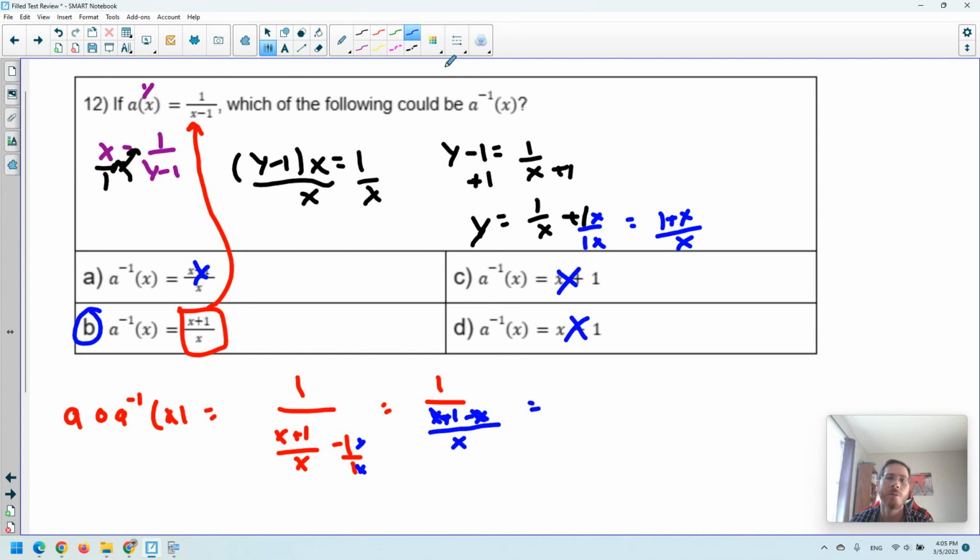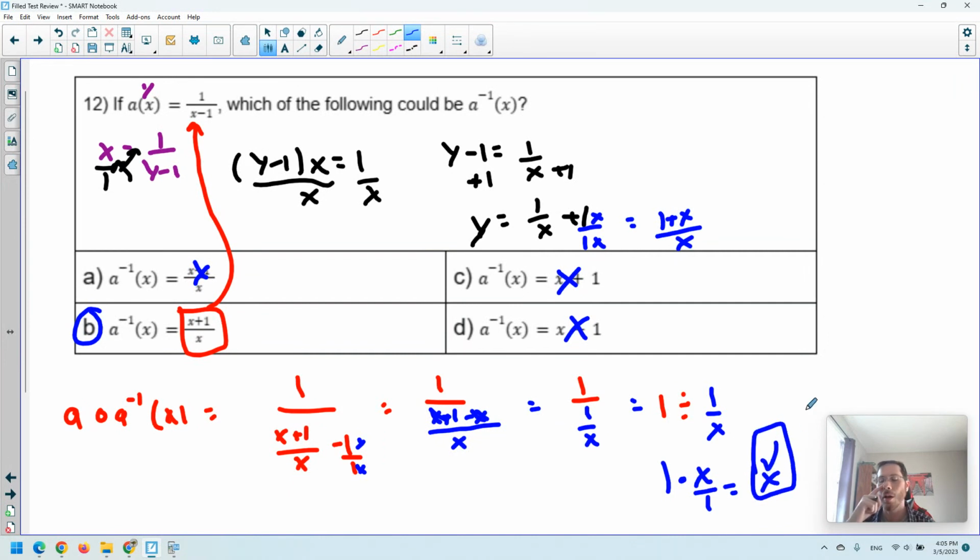So I've got 1 over x. And to make this look a little bit nicer, I'm going to rewrite this as 1 divided by 1 over x, which is the same as 1 times x over 1, which is x. So again, since that worked out, I'm going to pick that one. That one seems like the right choice to pick.